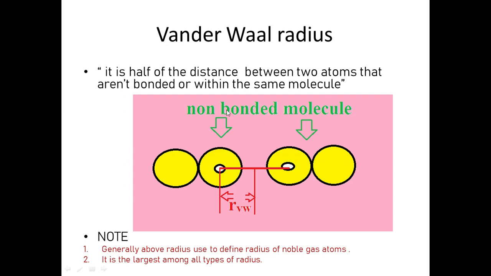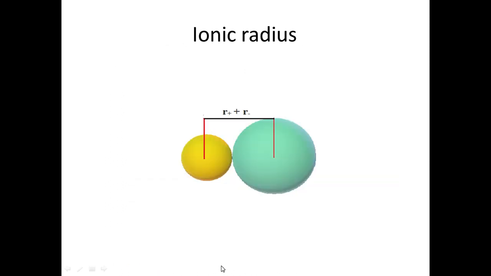It is already written here, non-bonded molecules. That means there is no physical bond between the two molecules. So generally this radius is used to define the radius of a noble gas atom, and it is the largest among all of the radii.